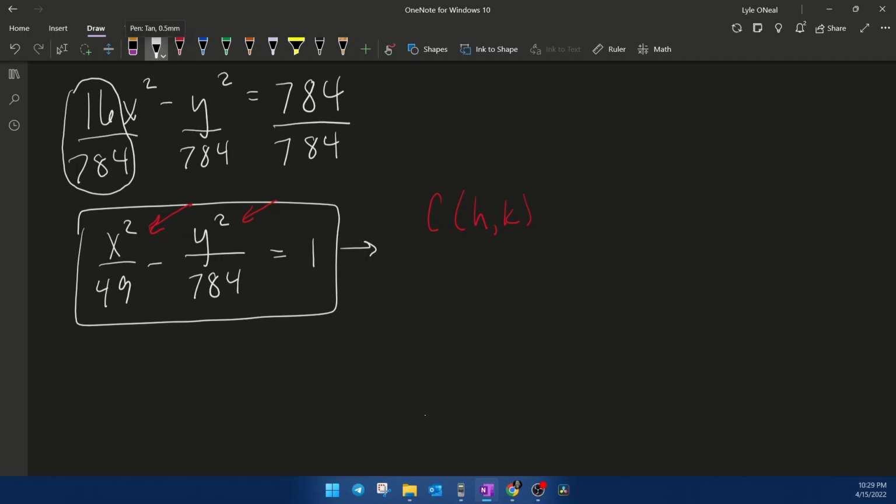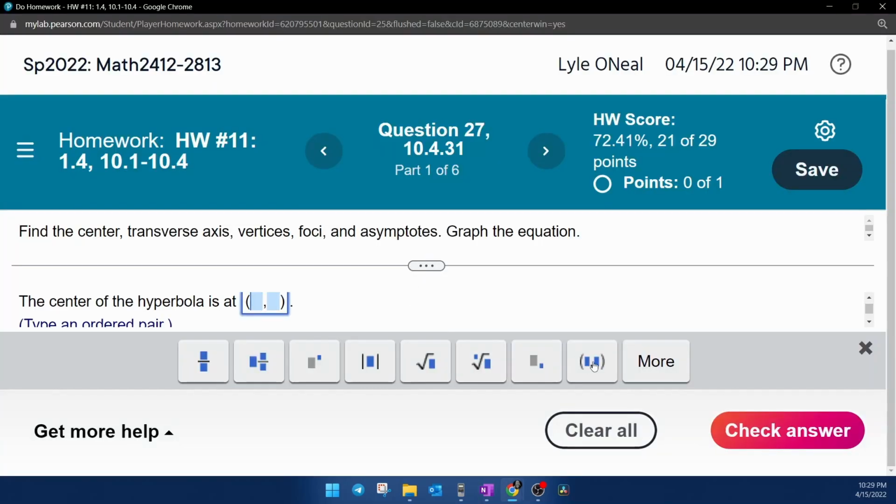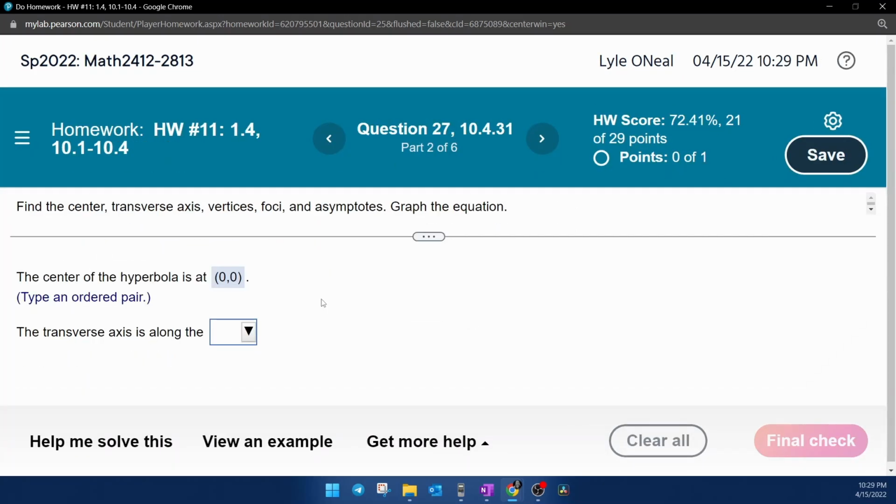Since there are no parentheses with a number upstairs, that's going to indicate that the center is at the origin. H and K are both 0. And inputting that with our ordered pair tool, we can see that we are correct. And I had to scroll out just a bit so you could see better, I hope.